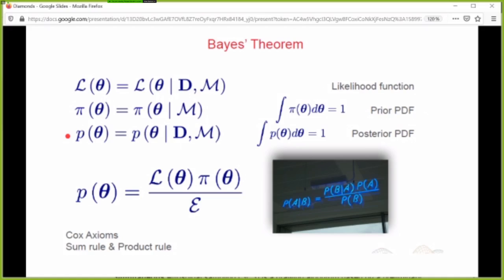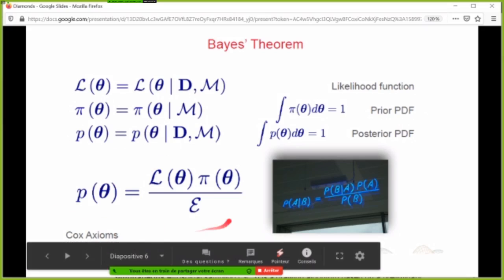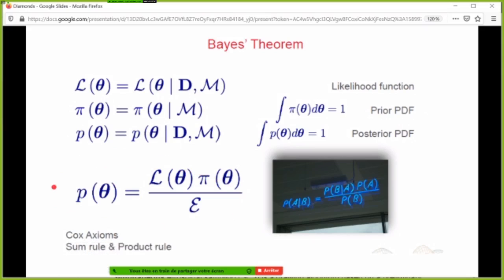In our case, we don't use this form, we use the form on the left. I'm going to explain because it's important for the rest of this talk. One of the main concepts here is the likelihood function.